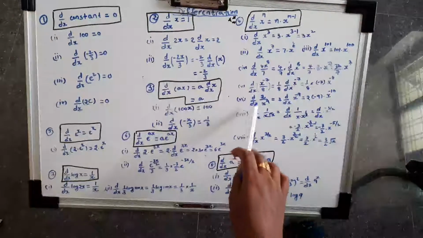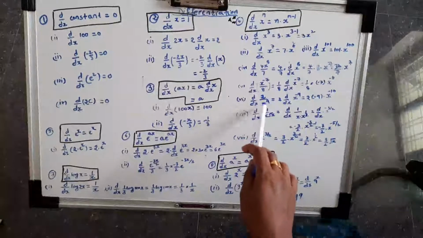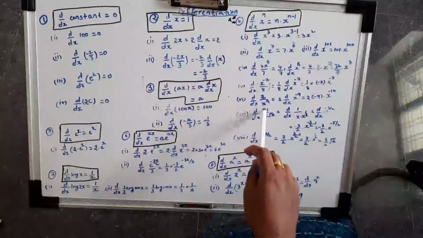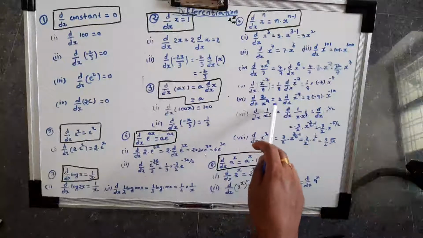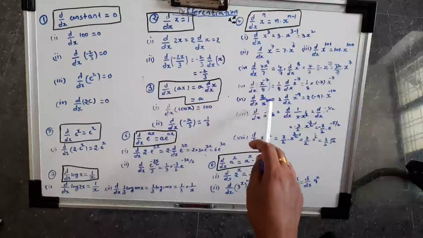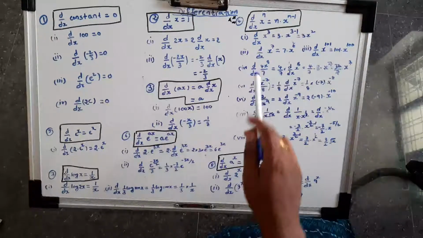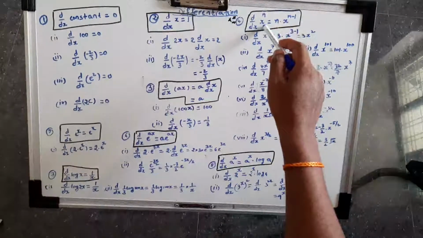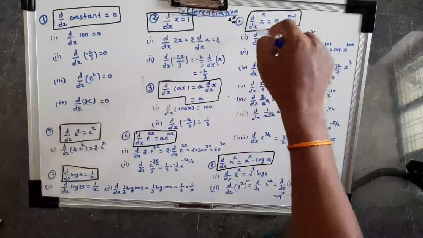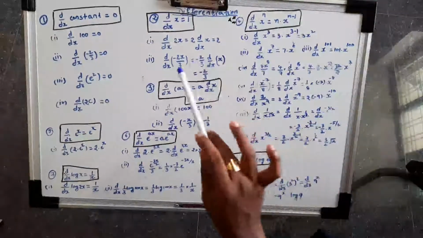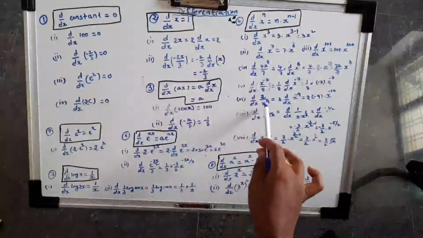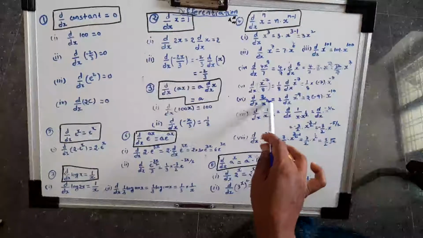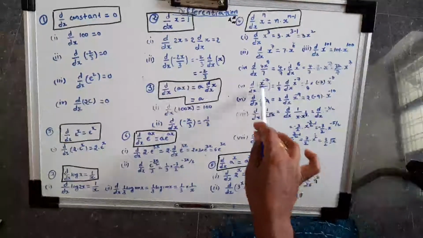Next, the derivative of 2 over x power 9. If the variable with a power is in the denominator, we don't have a formula; the variable with a power must be in the numerator. So we should shift this variable to the numerator.